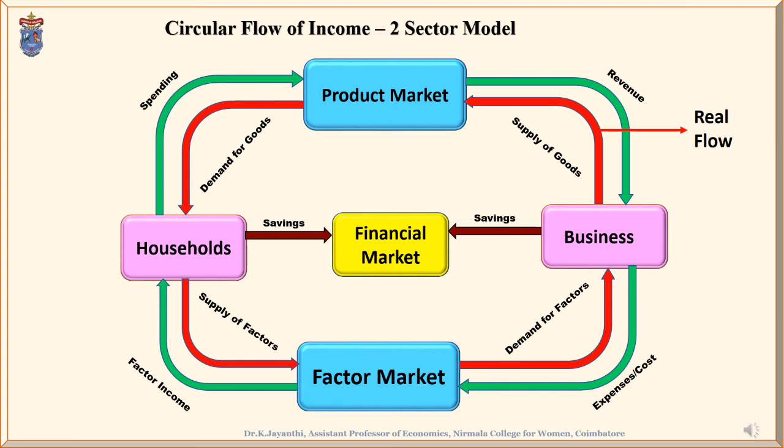And it also shows the outflow of investment into the business sector from the financial market. Thus, the financial market coordinates the savings and investment activities of the household and business sectors and maintains the circular flow of money in the economy.